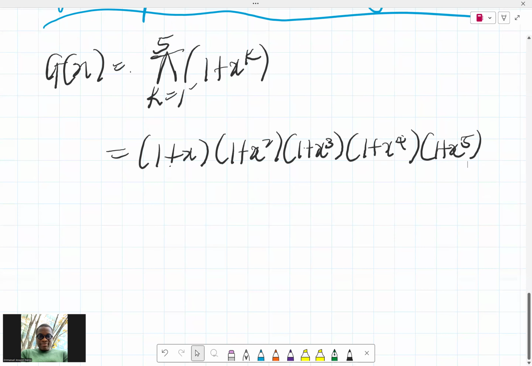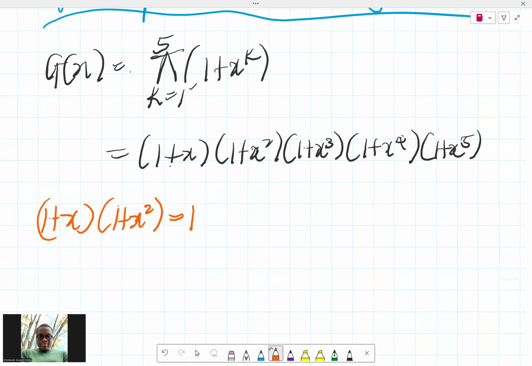So now we want to expand term by term to be sure we do not have any power above 5. We can take them in pairs. First, we have 1 plus x into 1 plus x squared. When we take this, we have something like 1 plus x plus x squared plus x cubed. That's what it turns out to be, because we can have 1 times 1, that's 1. Then x times x squared, that's x cubed.